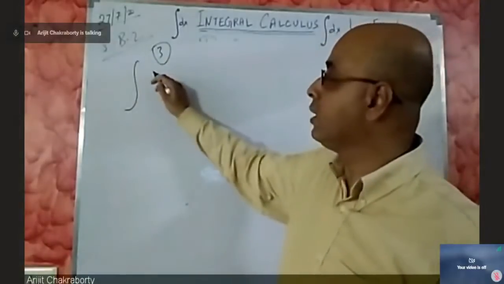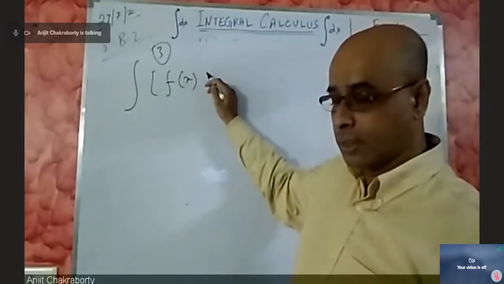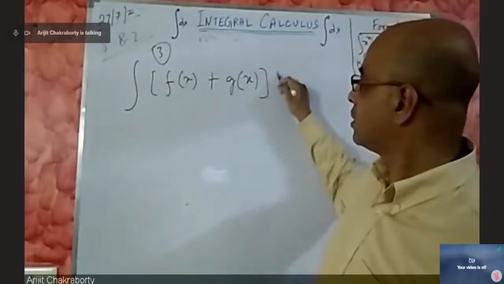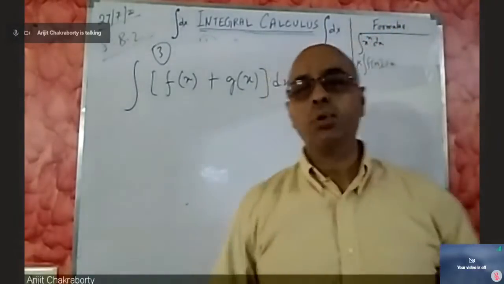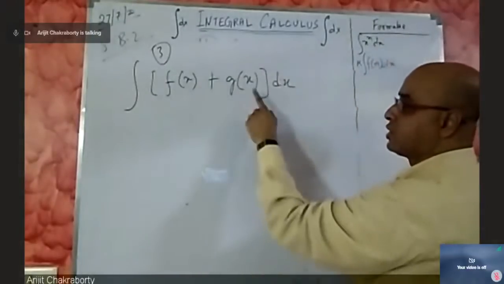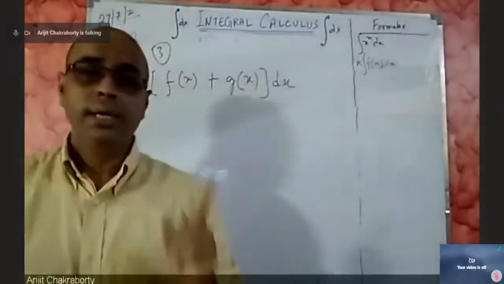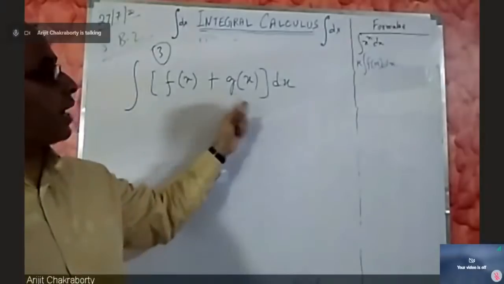So we are having f(x) plus g(x) dx. So here we have two functions, f(x) and g(x). Okay, they are functions of x. Two different functions of x, and we have added them.